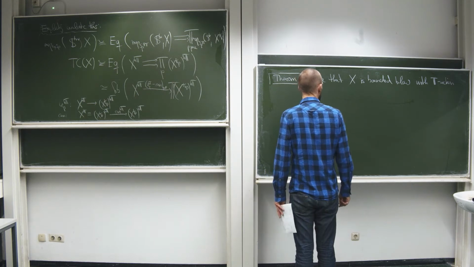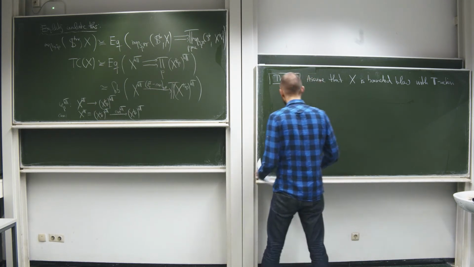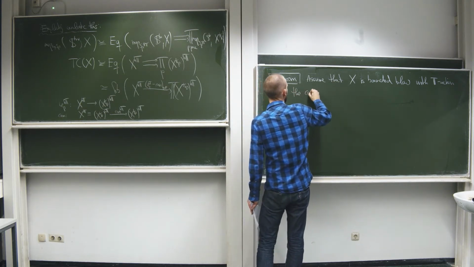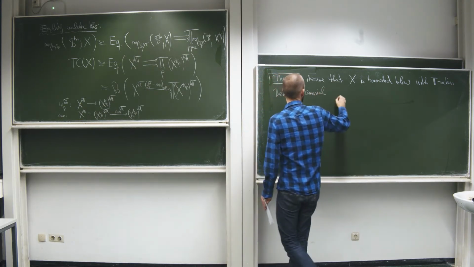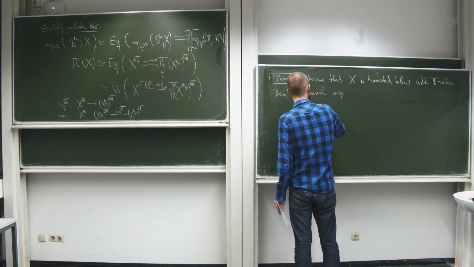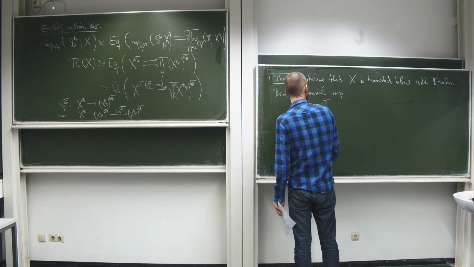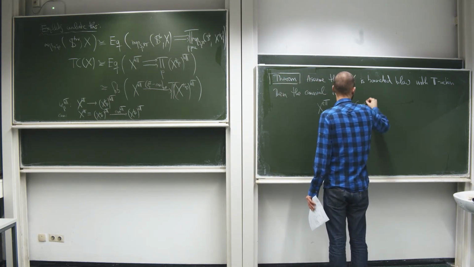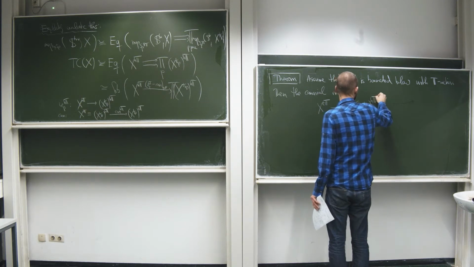Assume that X is bounded below with T action. Then the canonical map, well, I claim there's always a canonical map from the Tate construction for T into the Tate construction for C_p upper hT.